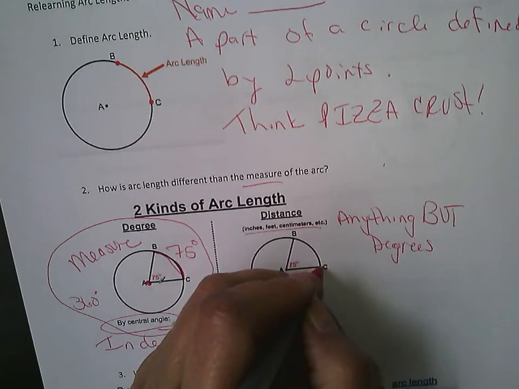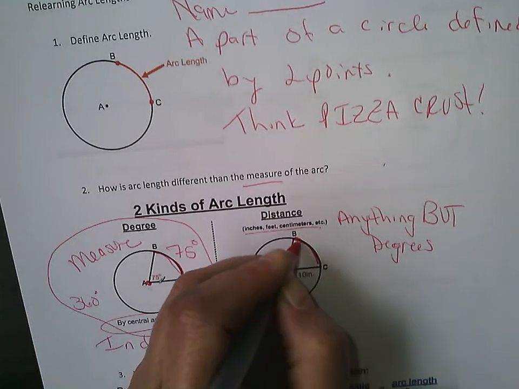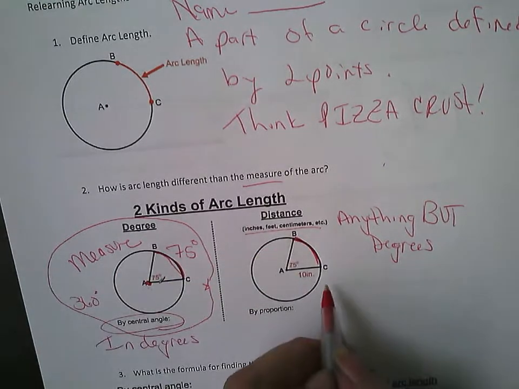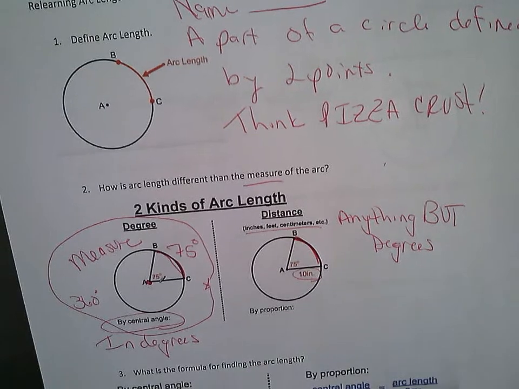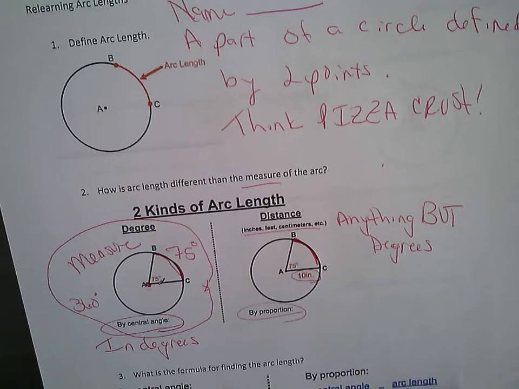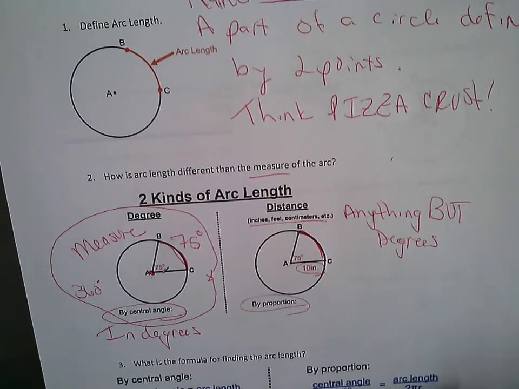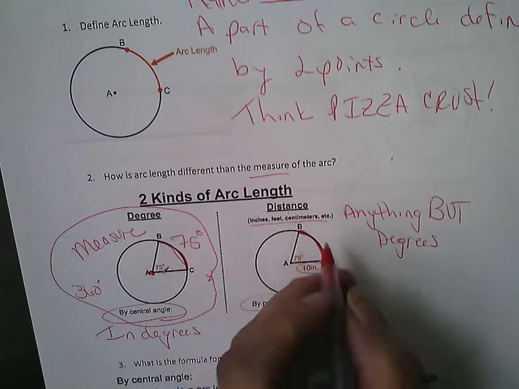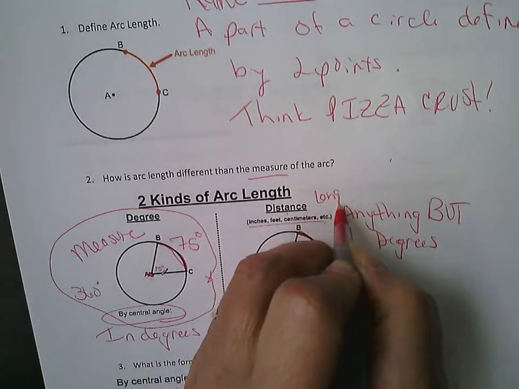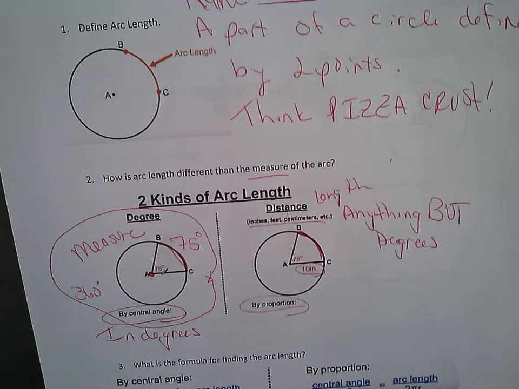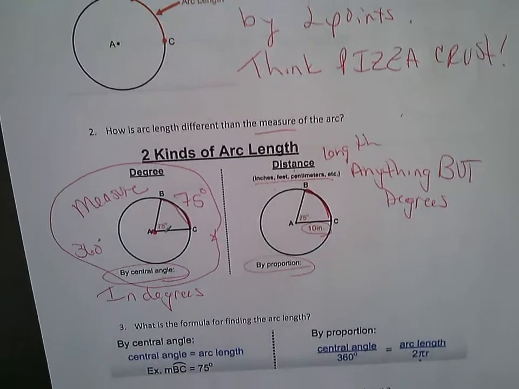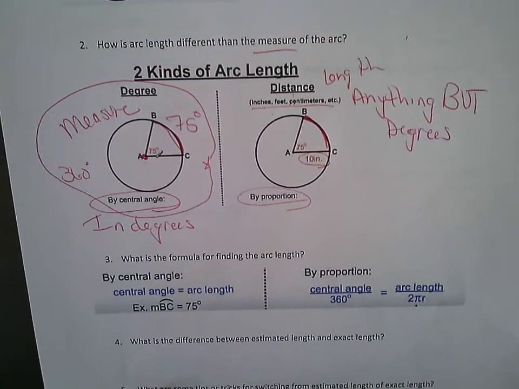So what unit would this arc be if we were to measure it? In this case, it's based off our radius, so it would be inches. And we can solve it by proportion. The length here in distance is considered anything but degrees. Measure means that we're talking about it over here, but we are going to have to use the measure in order to find the length.